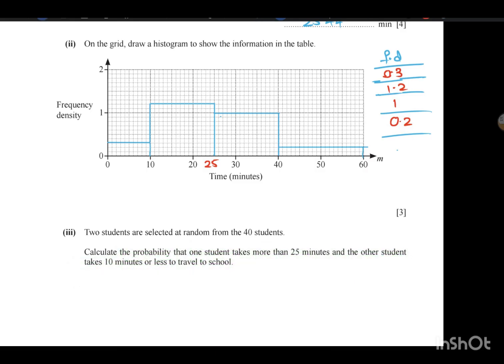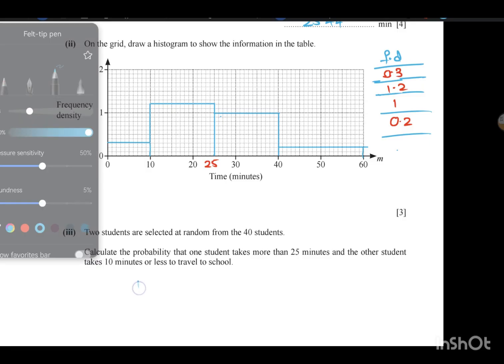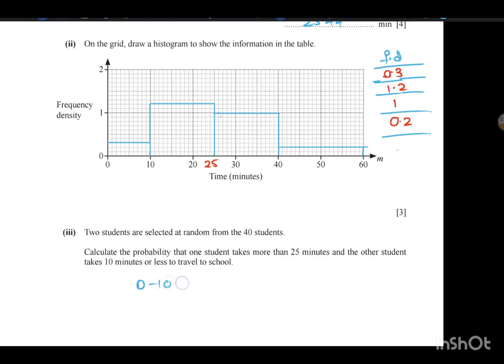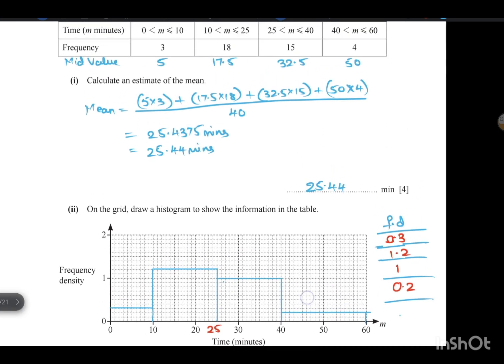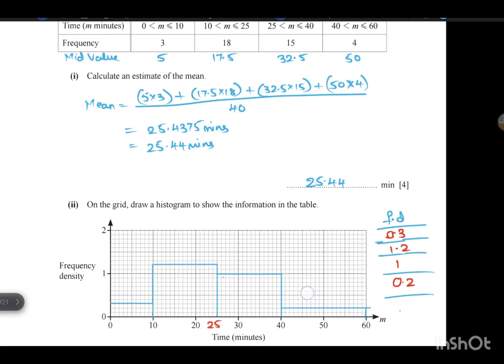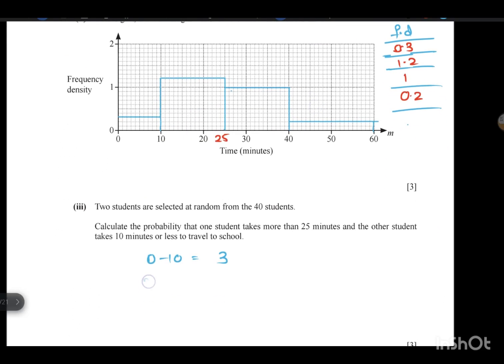So the students who took 10 minutes or less, 0 to 10 minutes, is 3, as we saw in the frequency. The students who took more than 25 minutes is 15 plus 4, that is 19.